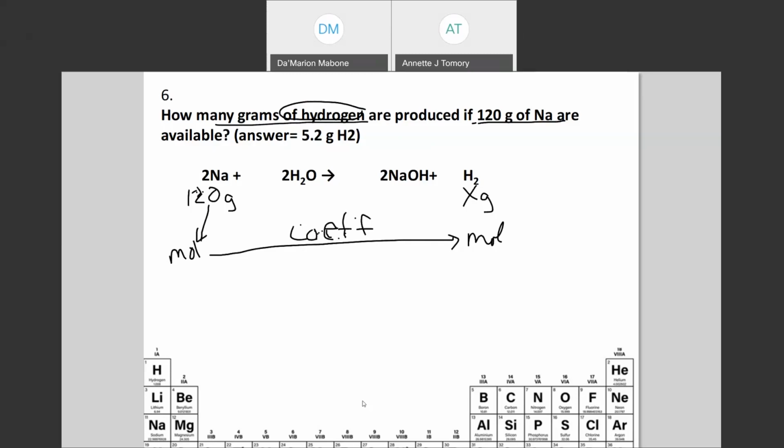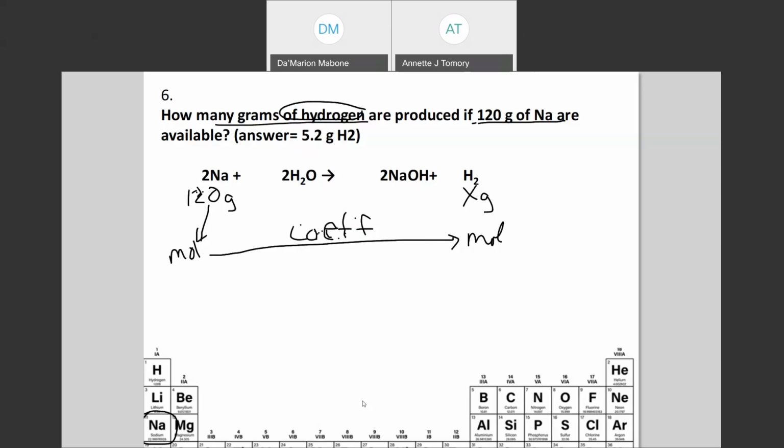So if we see the word gram or the letter G, what do we have to figure out? Gram should automatically make you think periodic table.